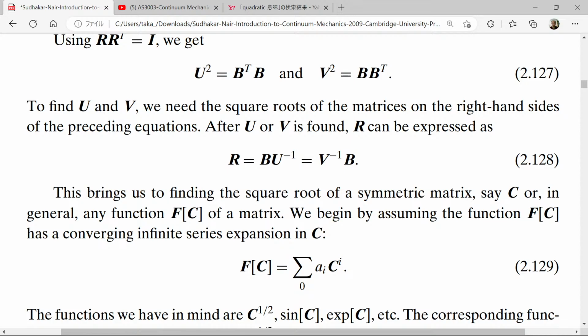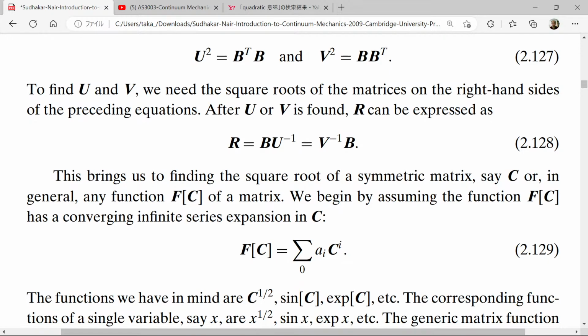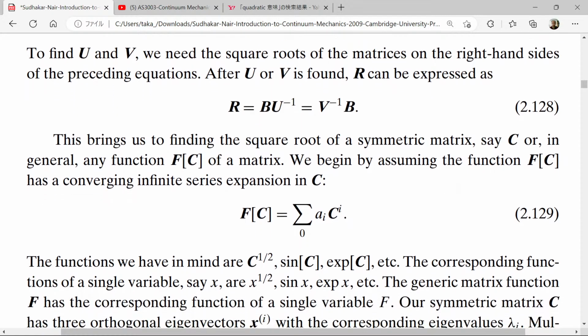To find U and V, we need the square root of the matrix on the right-hand side of the preceding equation. After U and V are found, R can be expressed as R equals B U inverse equals V inverse B.